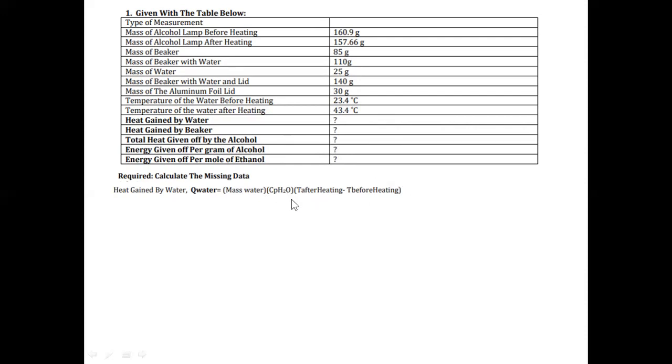Let's substitute the values: the mass of the water is 25 grams, the specific heat of water is 4.184 joules per gram degree Celsius, and the change in temperature is the temperature after heating minus the temperature before heating, so 43.4 degrees Celsius minus 23.4 degrees Celsius. This gives us 2092 joules for the heat of the water.